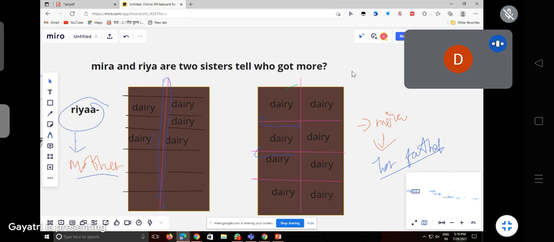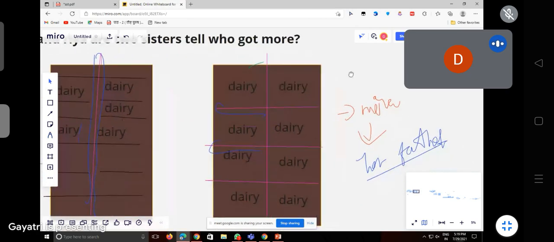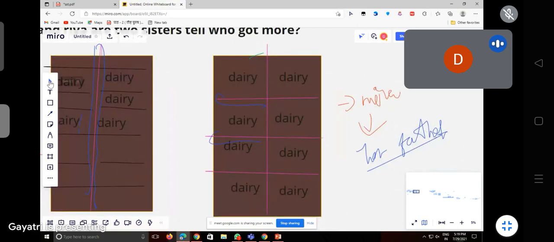I'm going to just zoom in on Meera's. These little lines which are drawn here represent dividers, and there's a center divider also. So there are so many dividers with Meera, right?